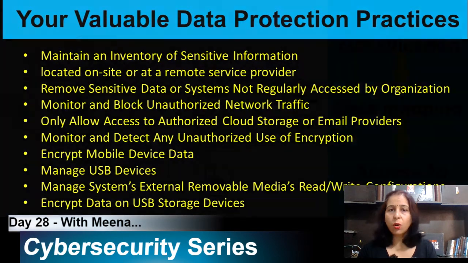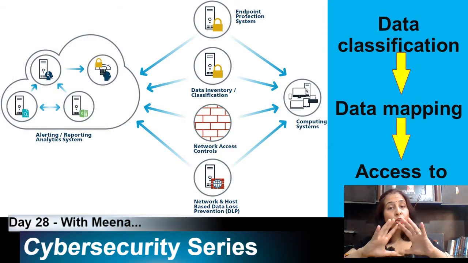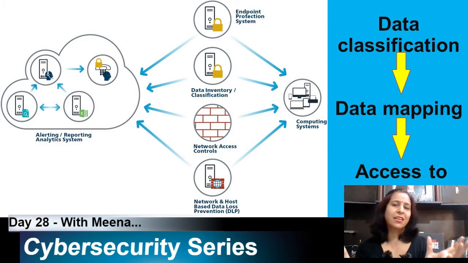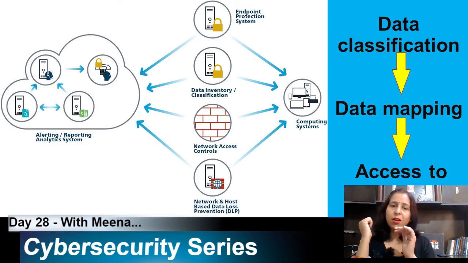All in all, first of all, you need to understand your network completely. Then, as per your organization's requirements, classify which data is important, sensitive, or confidential, and which is public information you can share with anyone.